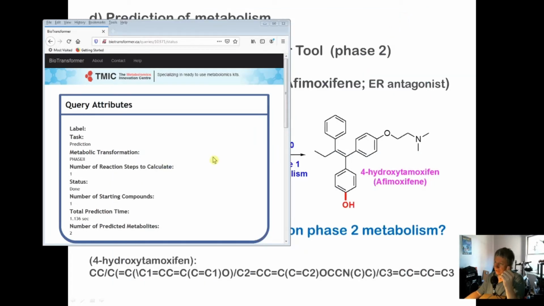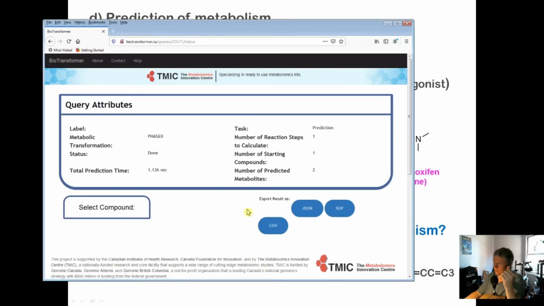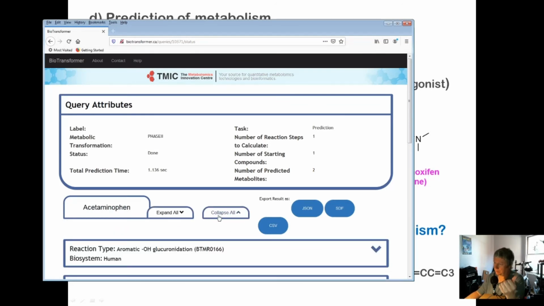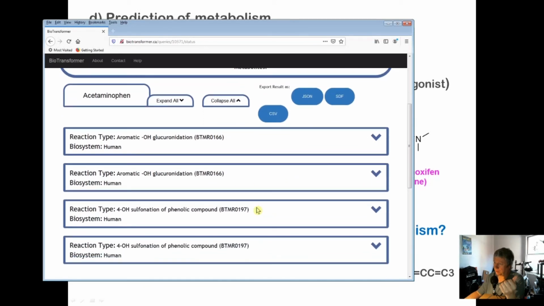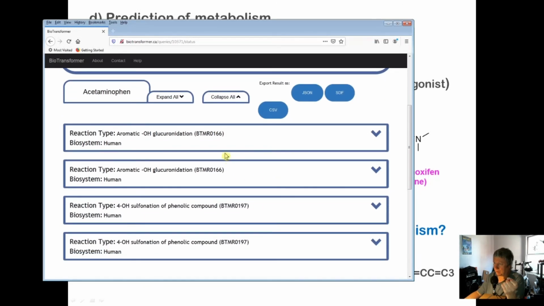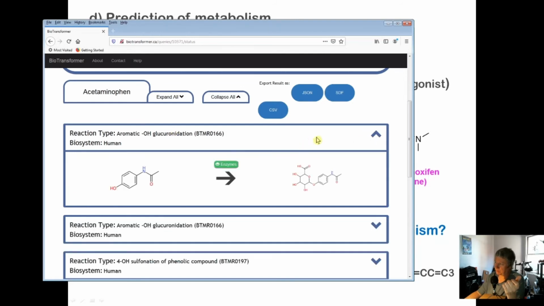Let's see. Okay, so the way to use this tool on the biotransformer website is we go down to select compound. So we put one compound in and it predicted 2 metabolites, and we do select compound, acetaminophen, and then you can see them. And what it's showing, the structures are in here. We just have to press the arrows. So aromatic glucuronidation, it predicts attachment of glucuronic acid.